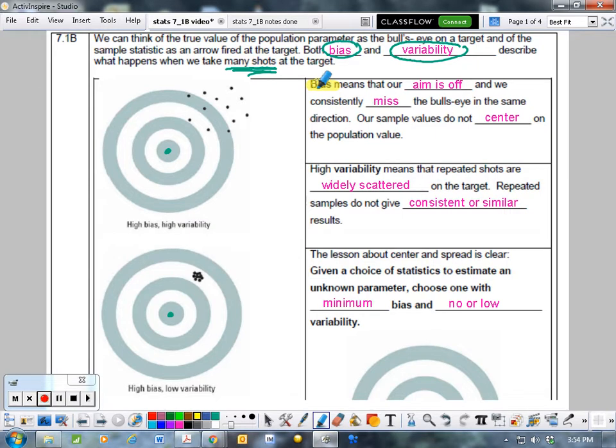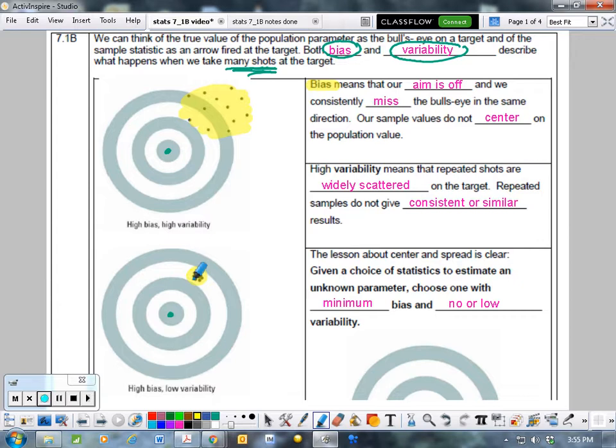When we look at this whole cluster, they're centered away from the center of the bullseye. So the center of those shots is not the same as the center of the bullseye, and that means we have some bias.